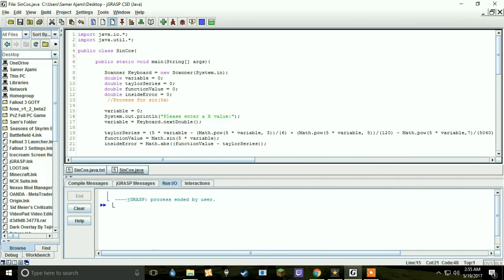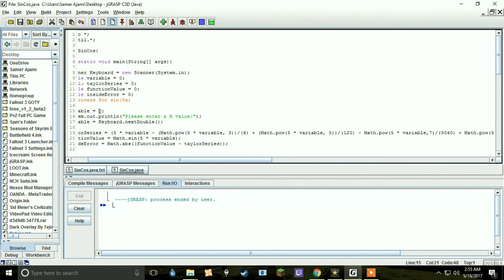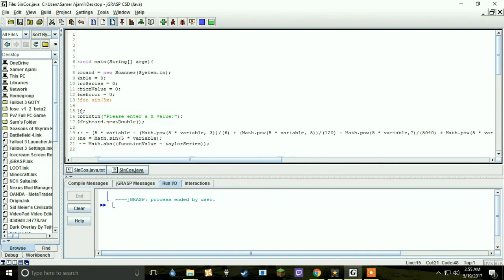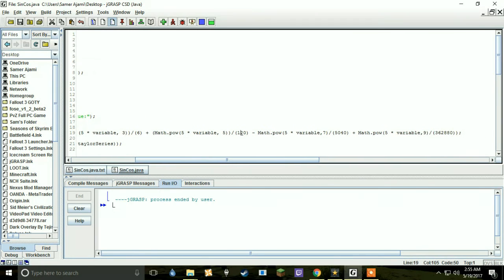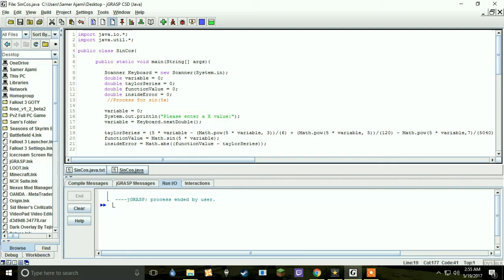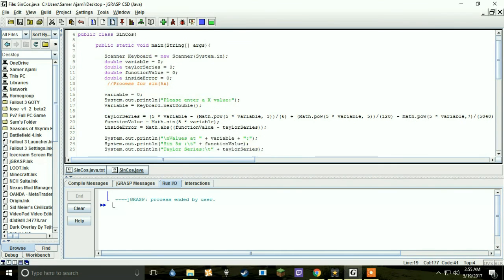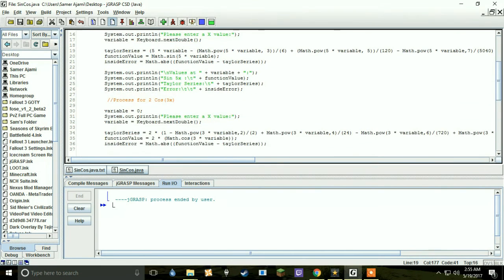It multiplies our variable times 5 the entire time and puts it through the Taylor series for sine. Look, our variable to the 3 over 3 factorial. These are the factorials. 3 factorial, 5 factorial, 7 factorial, 9 factorial. We calculate it with sine. We find the error, we print them out.